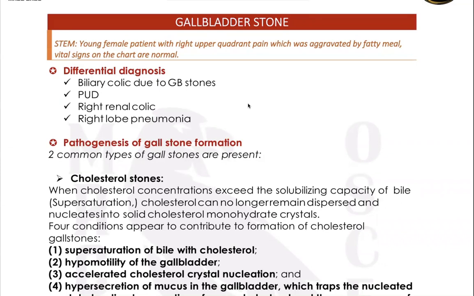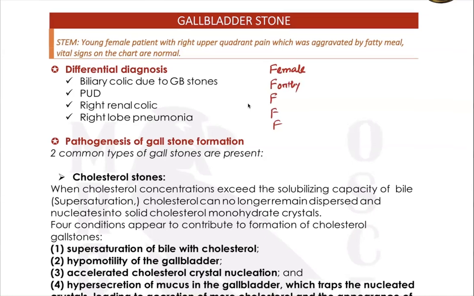Dr. Farial, can you tell me what are the 5 F of gallbladder stone? Female, fatty, 40, fertile, fair. 1, 2, 3, 4, 5.